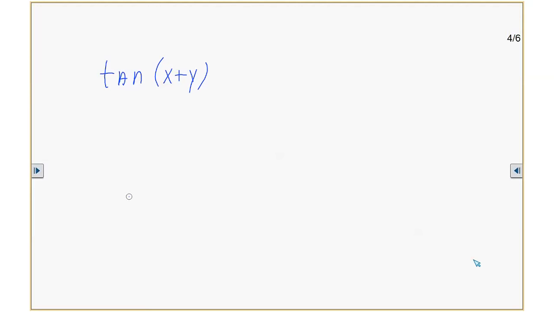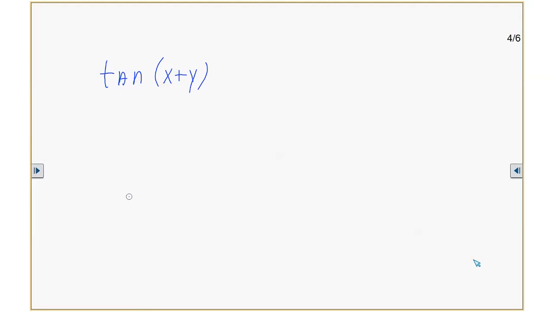In other words, change the tangent into a sine and a cosine. So that's the identity of what? Sine over cosine. So instead of tangent of x plus y, it's going to be sine of x plus y over what? Cosine of x plus y. Well, we just told you what that is. I told you, so rewrite that.